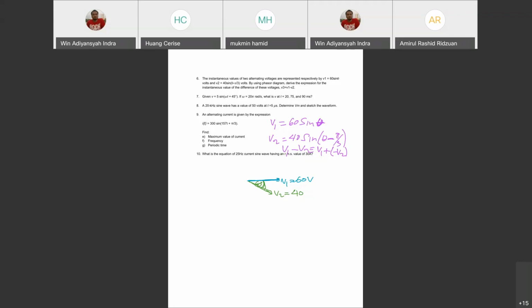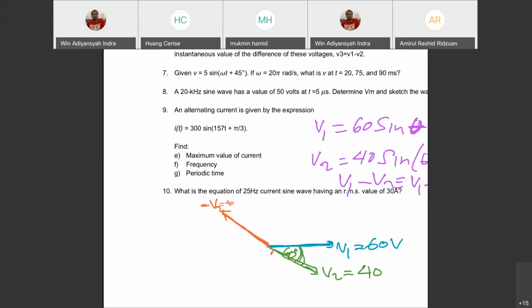The direction is the opposite. Let me draw this one then. So this is minus V2. Amplitude is equal to 40.